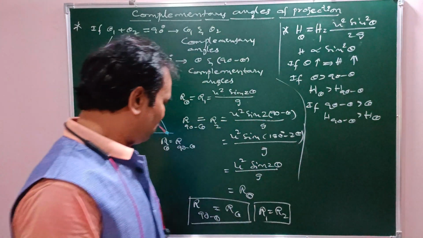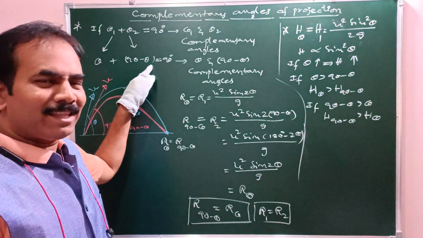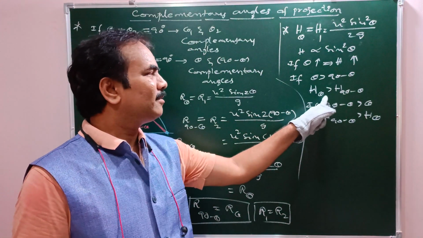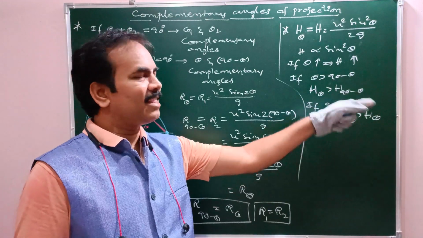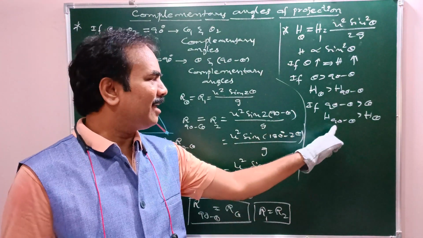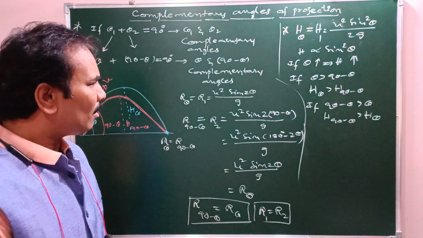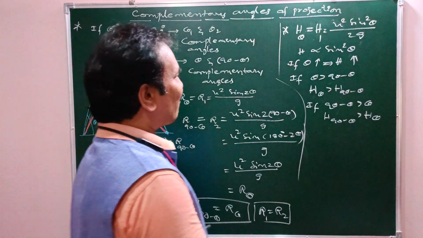Correct? Similarly, if 90 minus theta is greater than theta, then H at 90 minus theta is greater than H at theta. Right? Okay. Now coming to time of flight.